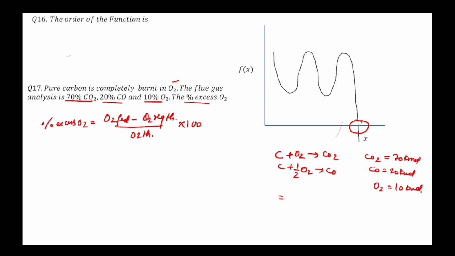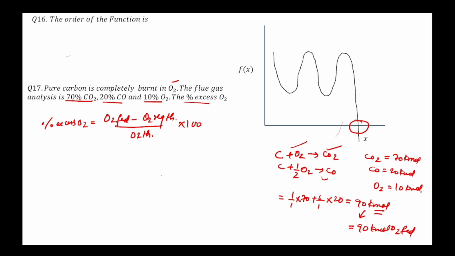So total carbon will be 1 by 1 into 70 plus 1 by 1 into 20, 90 kilomole. This is 70 for reaction 1 and 20 for reaction 2. 90 kilomole will be the total carbon we are feeding. Corresponding to this quantity, based on the first equation, that is desirable, 90 kilomole of O2 is theoretically required.